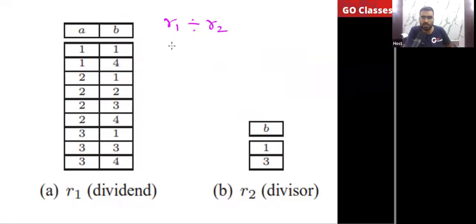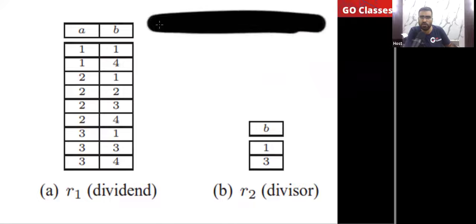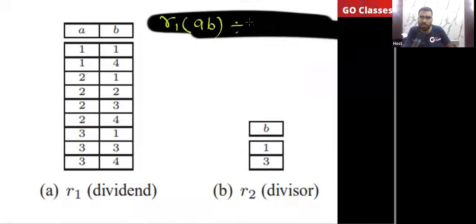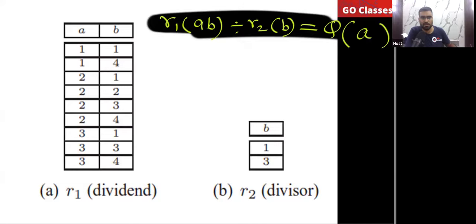So now you tell me, what will the answer have? We are doing R1, which has A, B, divided by R2, which has B. The result will have A. Yes or no?